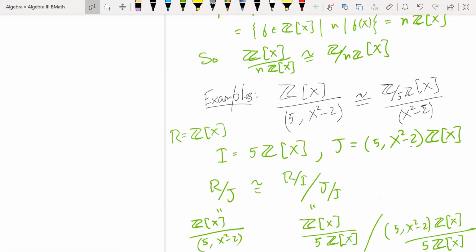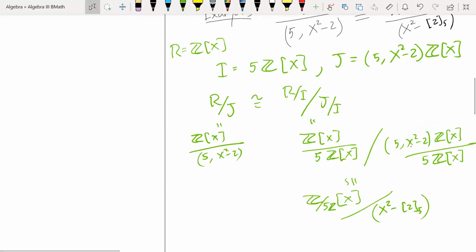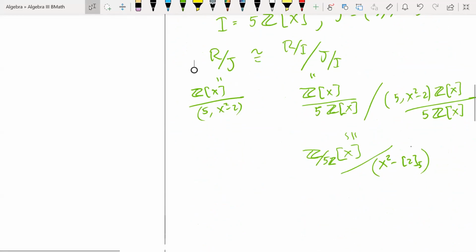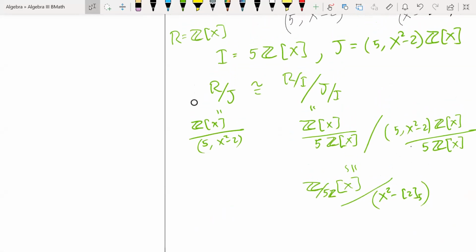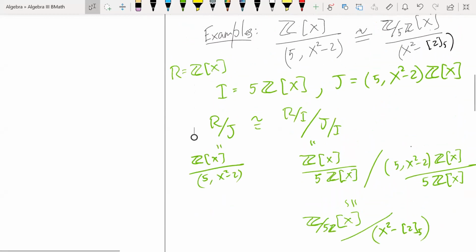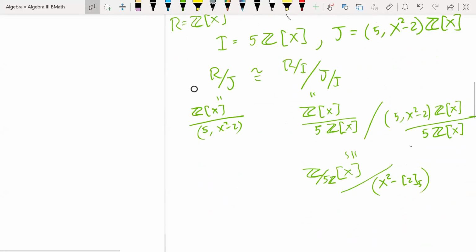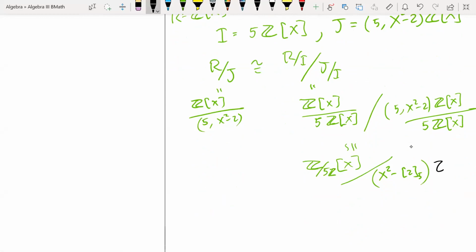Let me just edit here so that it's clear. This is what it means: a class of 2 in Z mod 5. So the image of this ideal in Z mod 5[x] under this isomorphism is precisely x square minus 2 bar.